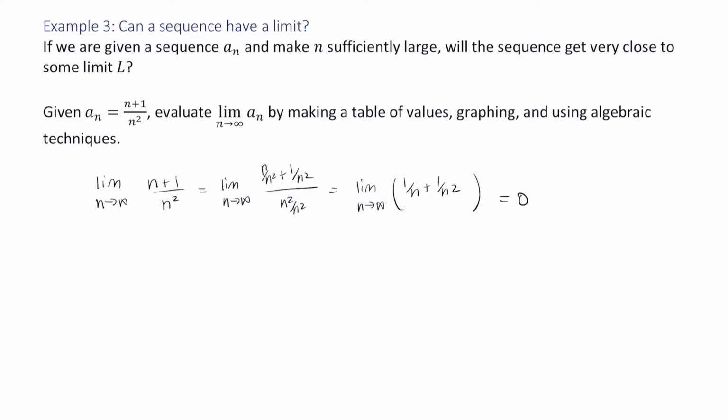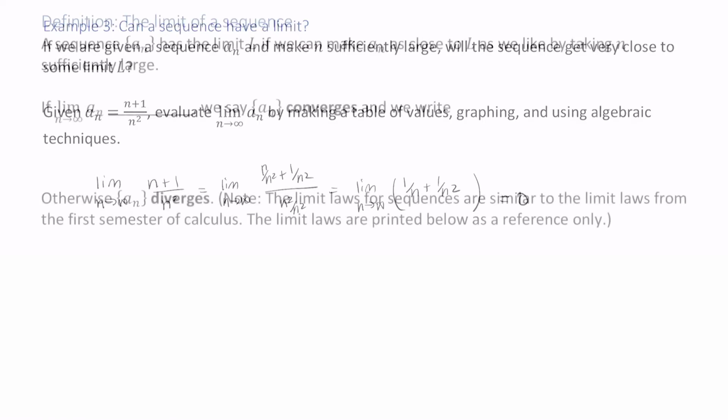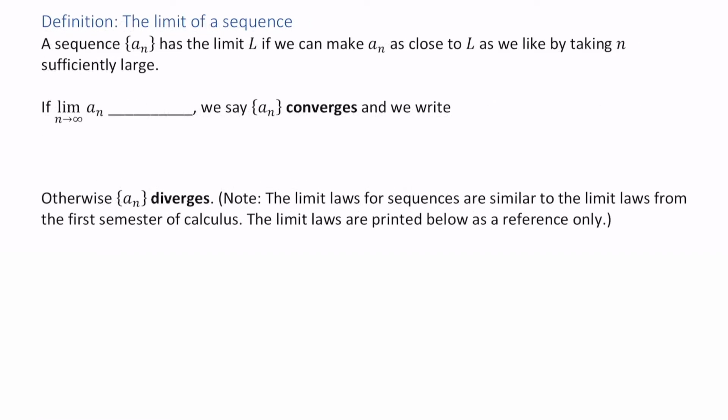But now we need to define that. Let's take a moment and define what we mean by a limit of a sequence mathematically. Definition: the limit of a sequence. A sequence A has a limit L if we can make our sequence as close to L as we like by taking n sufficiently large.